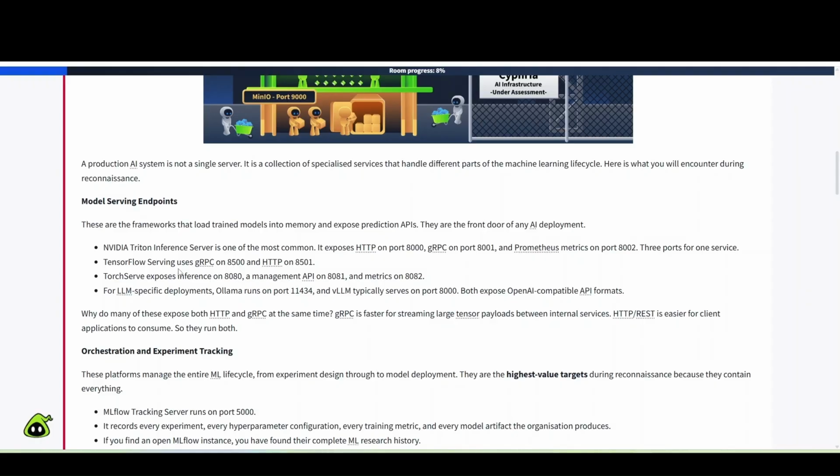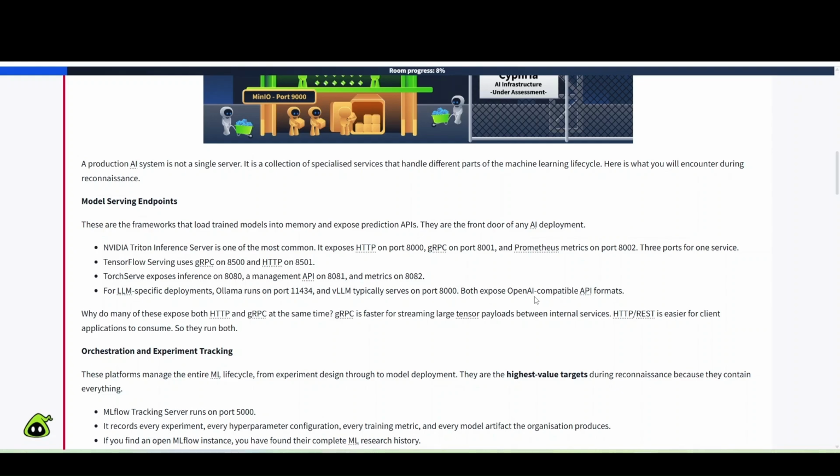TensorFlow Serving uses gRPC on 8500 and HTTP on 8501. TorchServe exposes inference on 8080, management API on 8081, and metrics on 8082. For LLM specific deployments, Ollama runs on port 11434 and vLLM typically serves on port 8000.